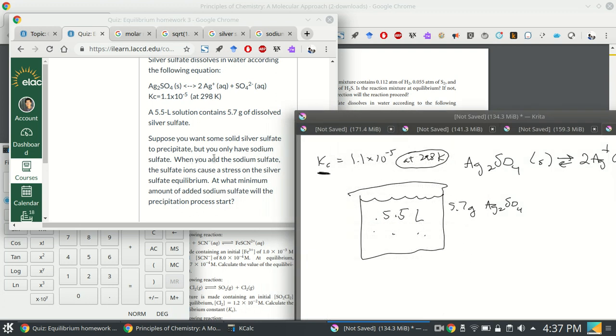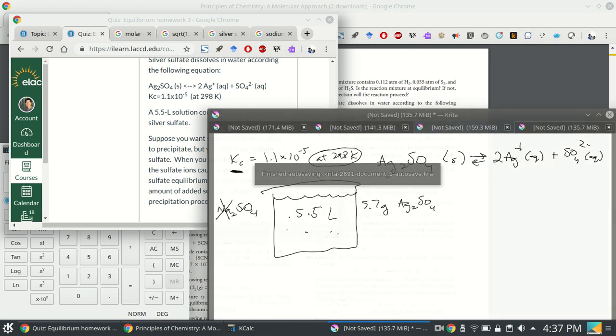So when you add sodium sulfate, what's this? Sodium sulfate? Don't worry, nobody cares about the sodium here, because there is no sodium in the chemical equation. Sodium sulfate is only a source of sulfate. If you put in more sulfate, that is a disturbance to the equilibrium.